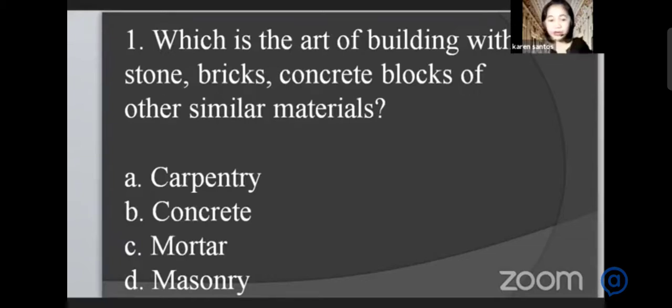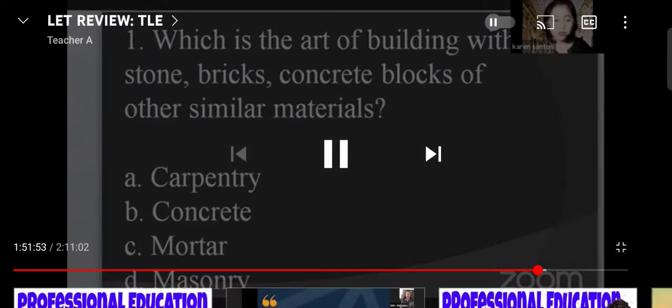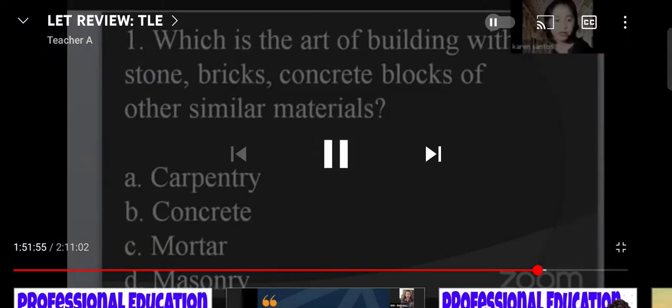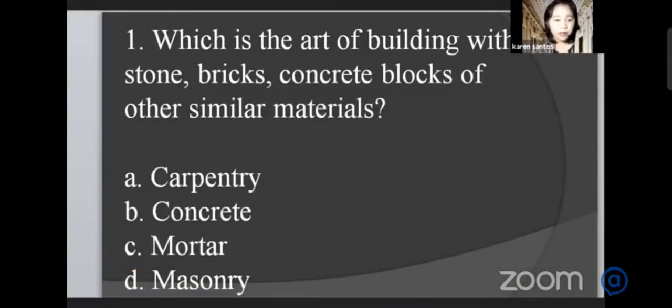Okay, so the correct answer in question number one is letter D, Masonry. This is the art of building with stone, bricks, and also concrete blocks. The person who constructs masonry is called the mason or the bricklayer.